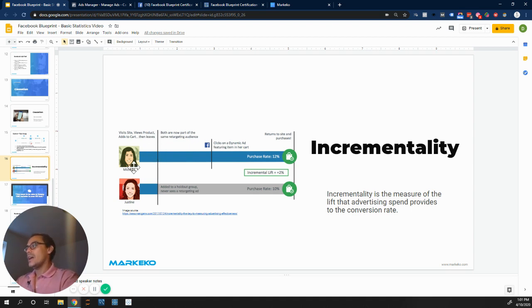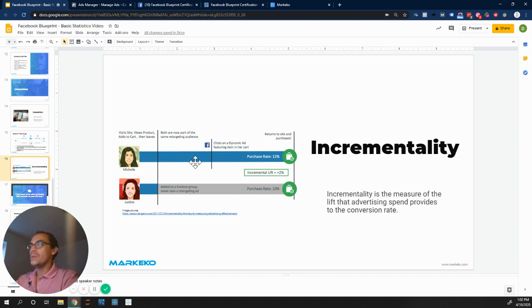So this tells me I have two users, right? Michelle and Justine. They both visit the site, they both view products, they add to cart, and they leave. So they went to the e-commerce site, went through products, they even added the product to the cart. But now I'm going to do a lift test, right? I want to test whether my remarketing efforts are really worth it or not.